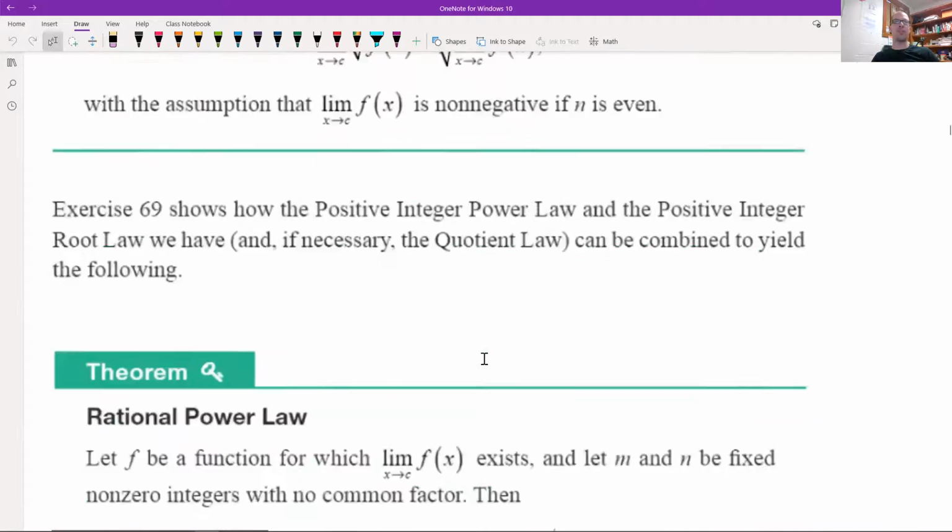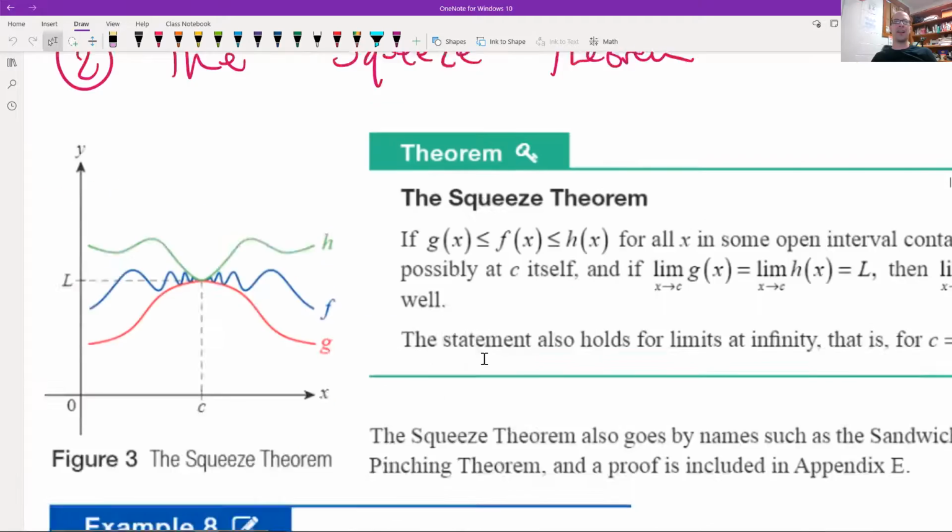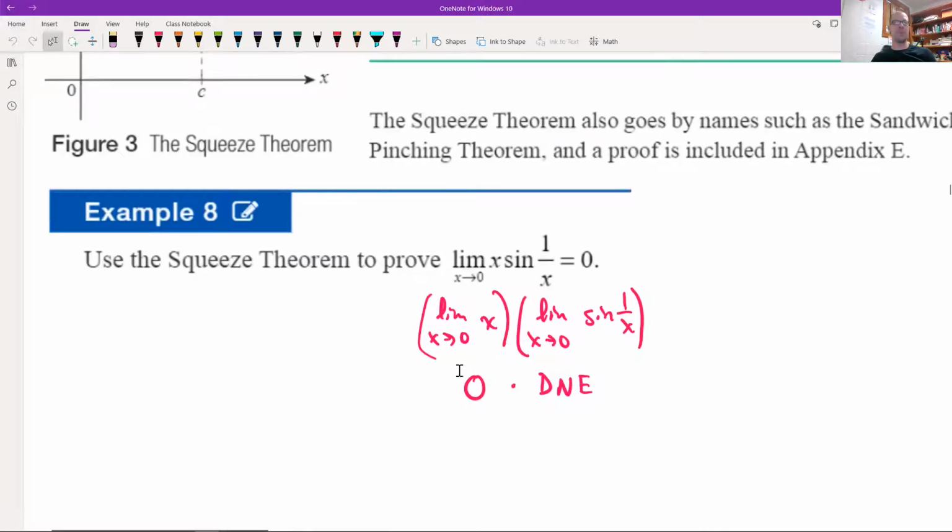Right now, the only reason that the hope is staying alive for some kind of limit to exist is because the 0 is there. But right now, our limit law is not giving us enough of a tool to evaluate this limit, because x times the sine of 1 over x is a nasty looking function.